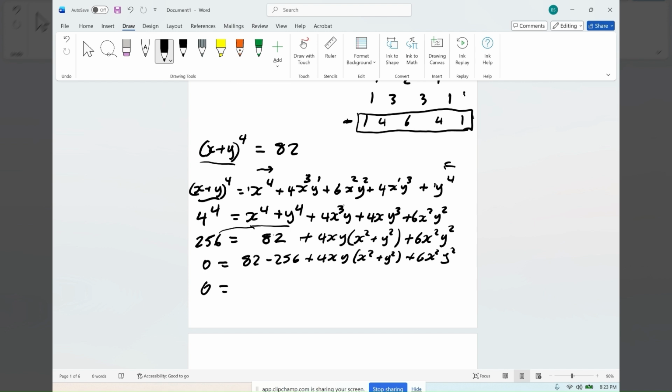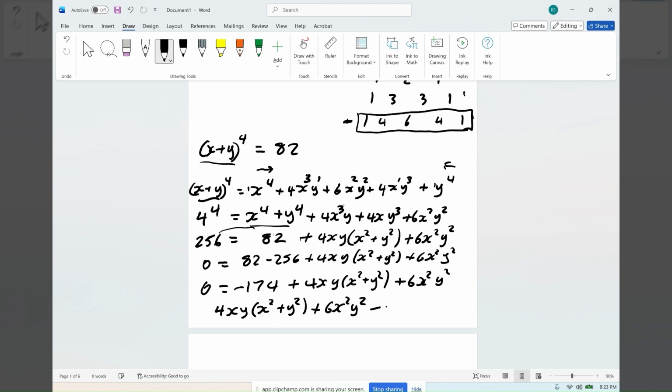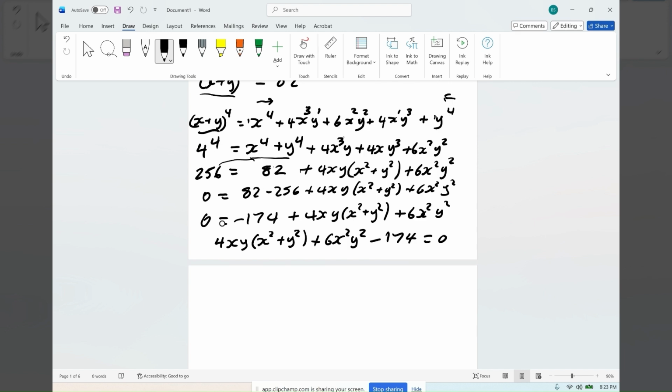That becomes negative 174 plus 4xy times x squared plus y squared plus 6x squared y squared. Let's rewrite this as 4xy outside of x squared plus y squared plus 6x squared y squared minus 174 is equal to 0. And let's call this equation 3.